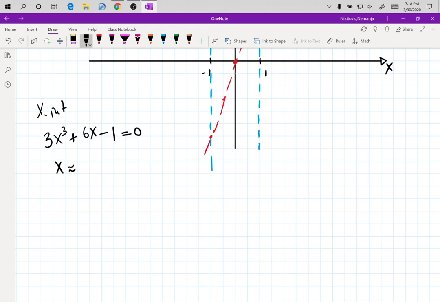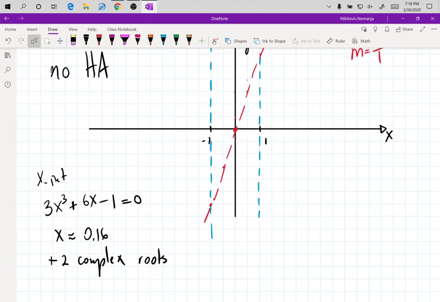So x approximately being 0.16 plus two complex roots. If you paid attention last class, you would know that the cubic must have three roots. Now, we don't care about complex roots. We can't graph those in here. So we only have one, 0.16. So that one is here somewhere.